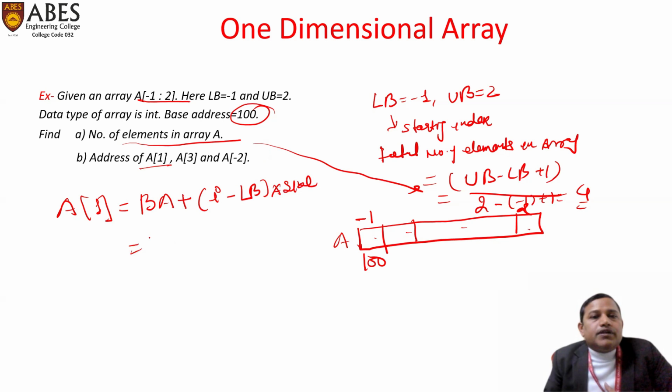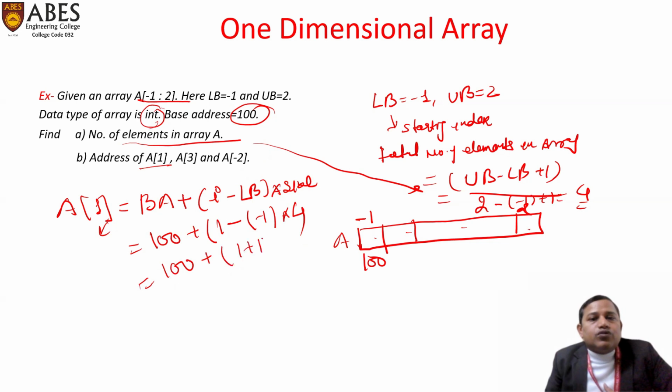Here base address is given as 100, plus, for the first element, 1 minus the starting index of -1, multiplied by the size of an element. It is an integer, and if we take the size of an integer as 4 bytes, then it is 4. So the address of the first index element is 100 plus (1 plus 1) multiplied by 4, that is 100 plus 2 into 4, that is 108.